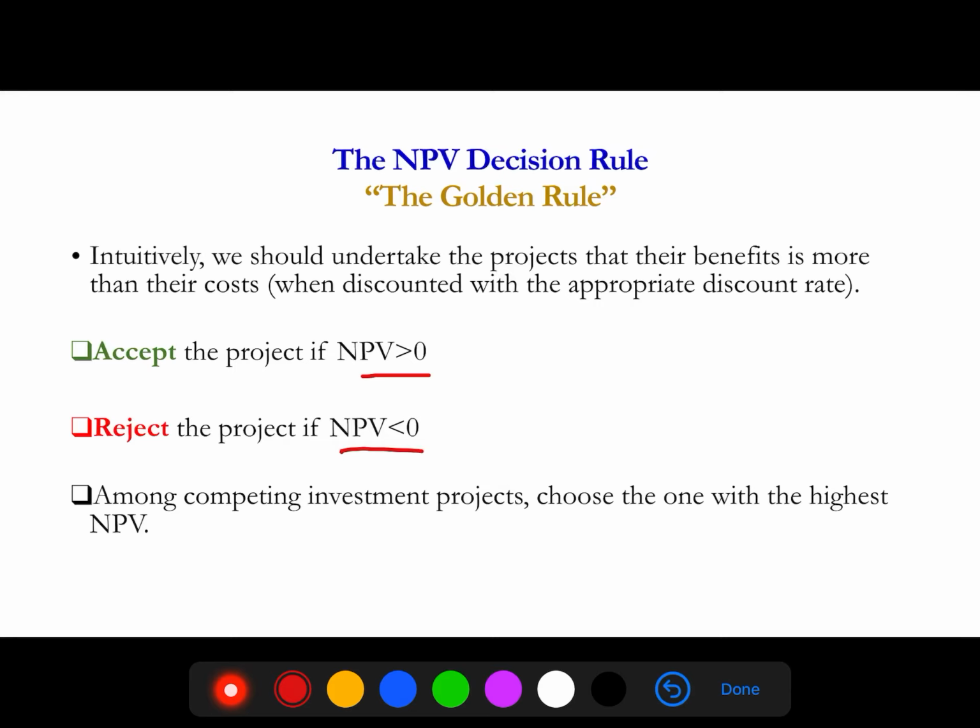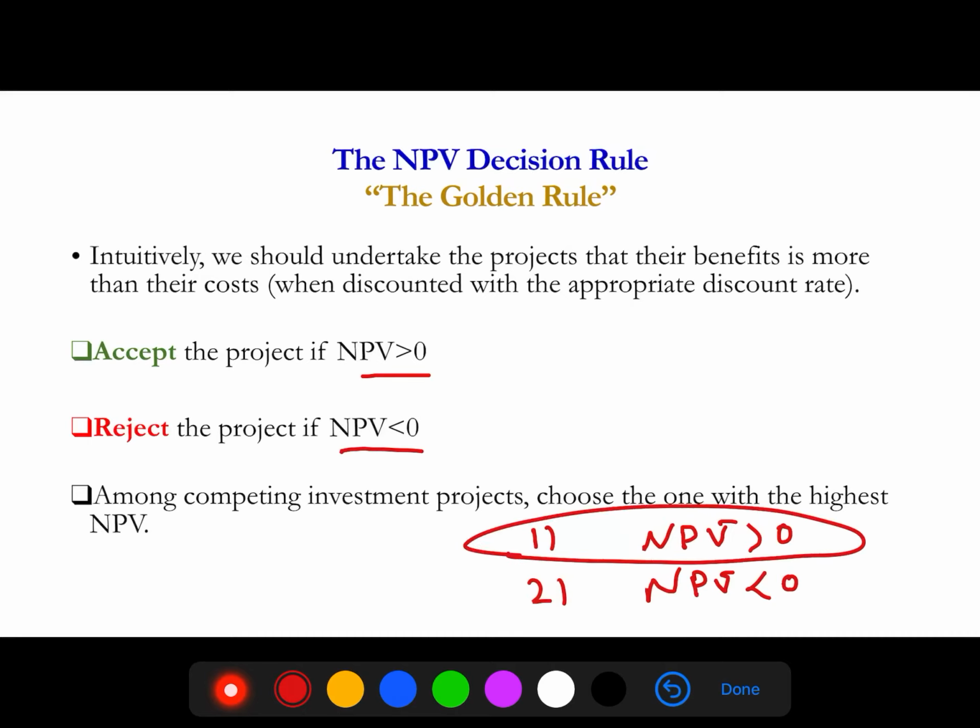What I mean is, let's say I have two projects. If the first project has a positive NPV and the second one has a negative NPV, definitely I'm going to choose the one that has the positive NPV and I'm going to reject the second one.